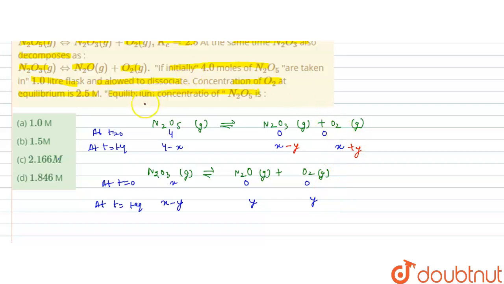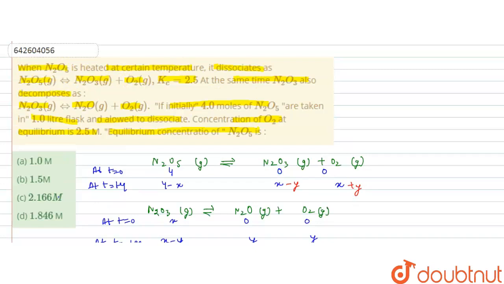So now we can find the Kc value, that is the equilibrium constant. Kc is the concentration of the products raised to the power of their stoichiometric coefficients divided by the concentration of reactants raised to the power of their stoichiometric coefficients.